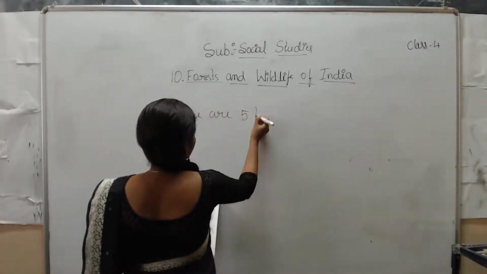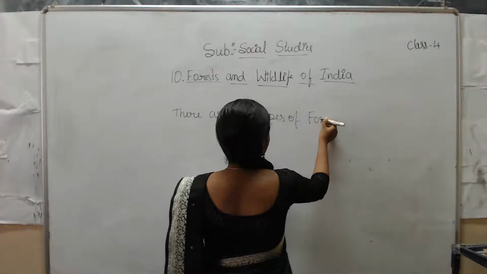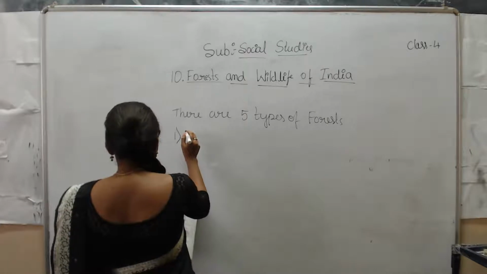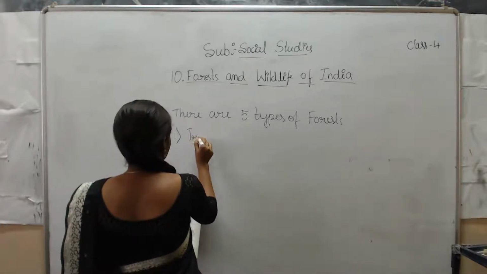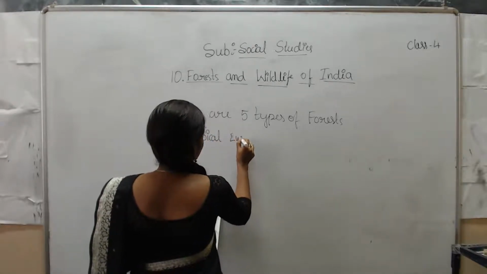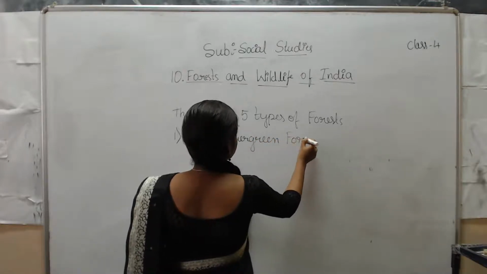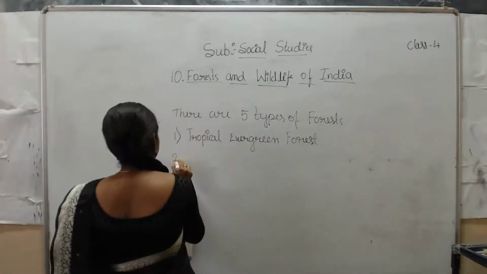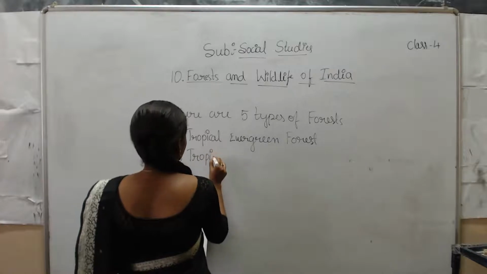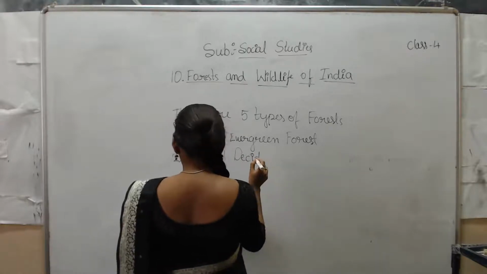There are five types of forest in India. The first one is tropical evergreen forest. The second one is tropical deciduous forest.